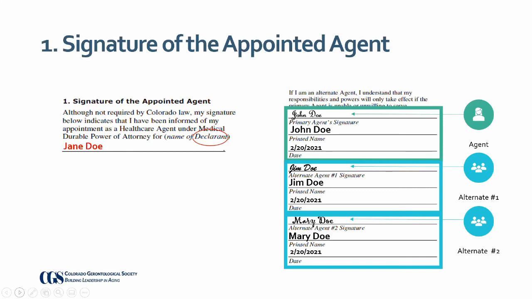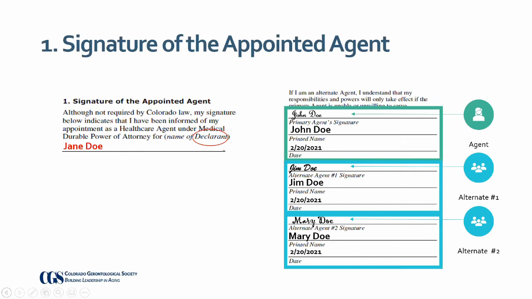So first you need to sign. You are the declarant in this form. So this is why we have Jane Doe's name in red where your name would go. Then we have the agent, John Doe. We have his signature. We have his printed name and the full date of when he signed. We have alternate number one as Jim Doe.